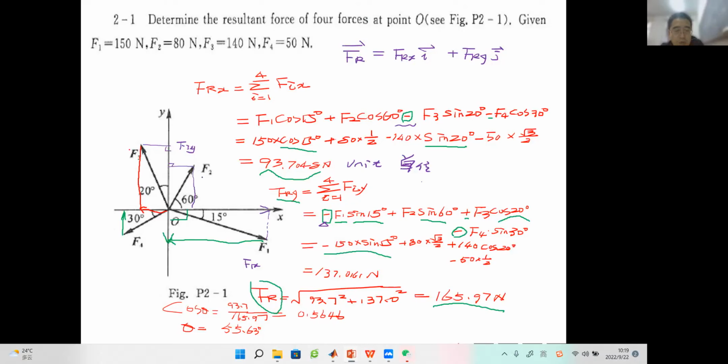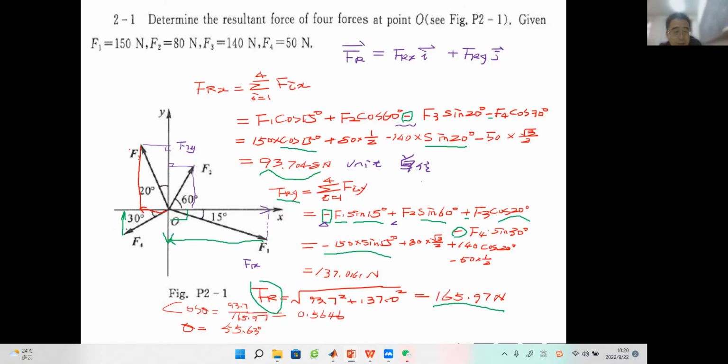So we just use F2 times sine 60, and its direction is along the positive direction of y. So it is a positive sign here, positive sign here. And F3 times cosine 20 and have a positive sign, right?